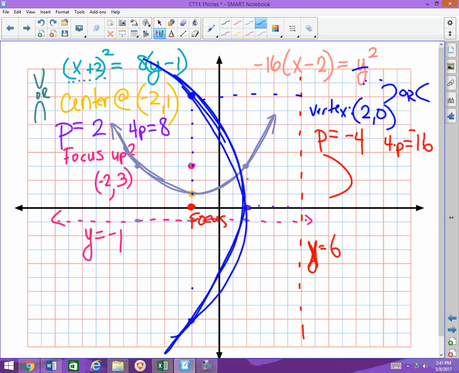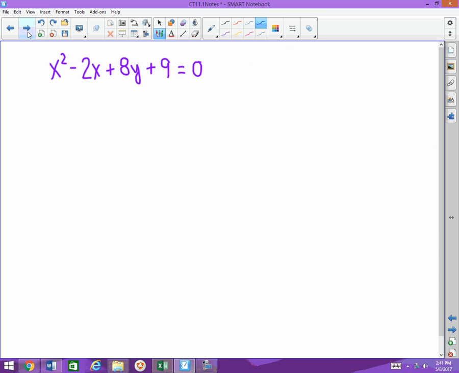Okay, so if you get an equation, here's where you end up having to complete the square to get the equation into standard form. So first off, this is a parabola. And I know it is a parabola because there is an x squared, but there's not a y squared.